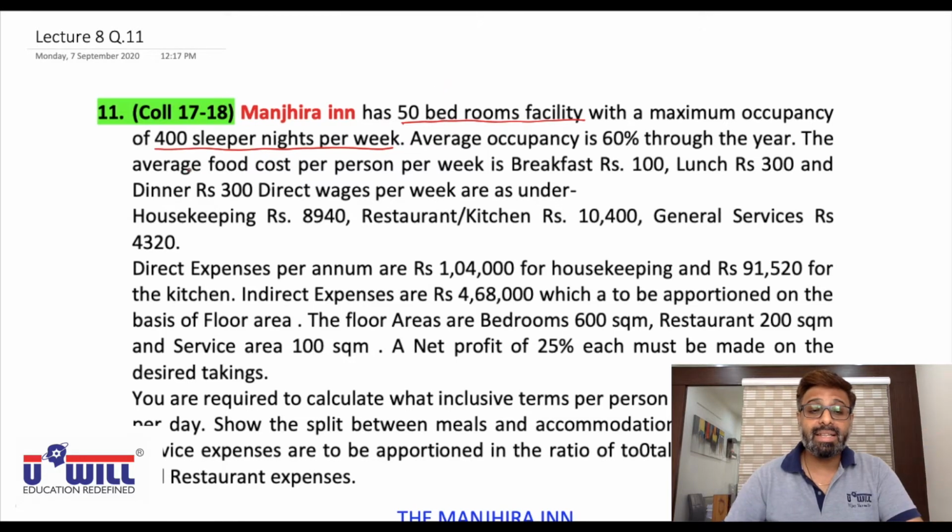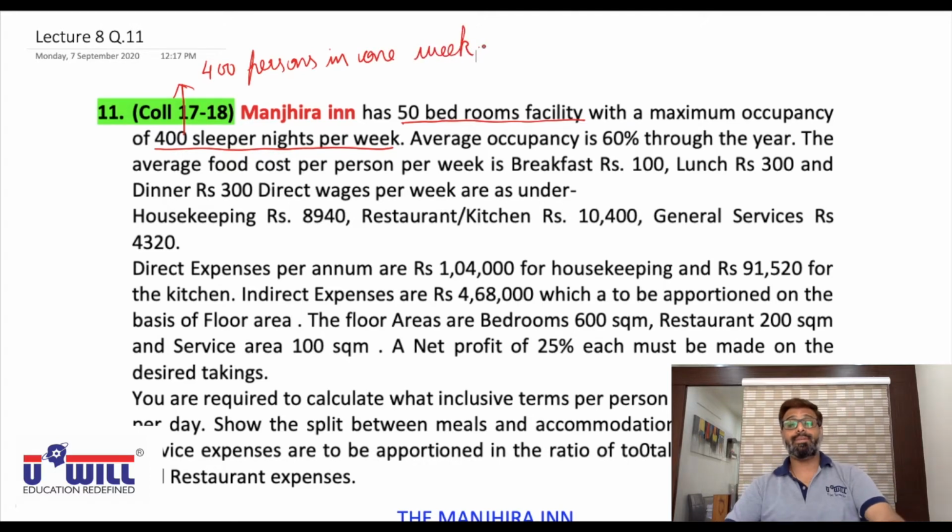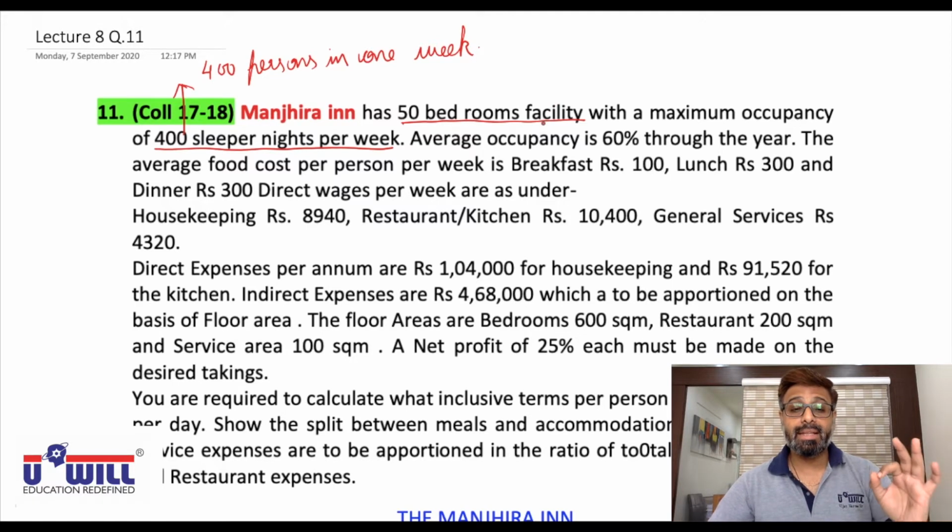But in simple terms, when they say 400 sleeper nights per week, it means the hotel has capacity to accommodate 400 persons in 1 week. That is, 400 people can stay in the hotel in 1 week, maximum capacity.